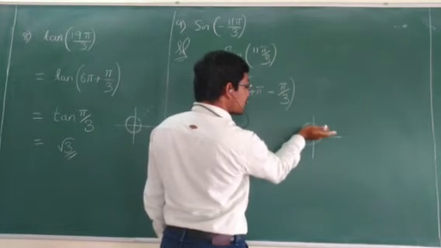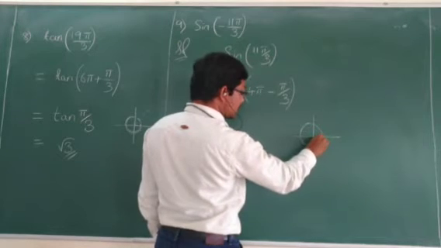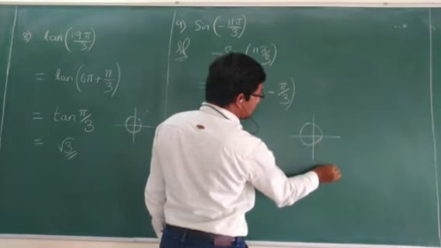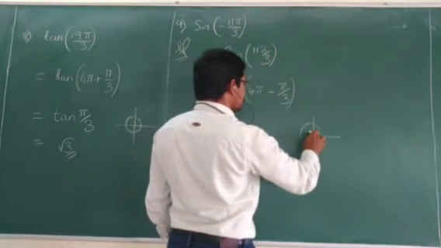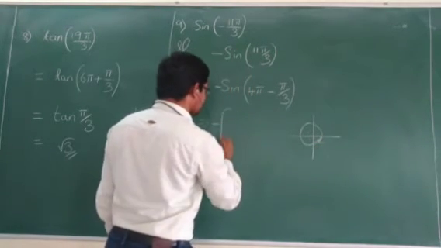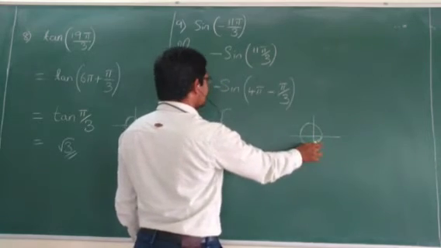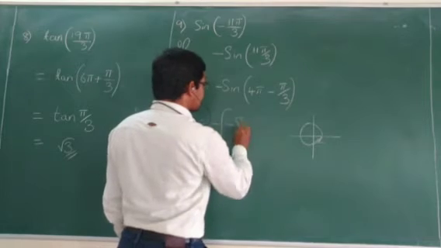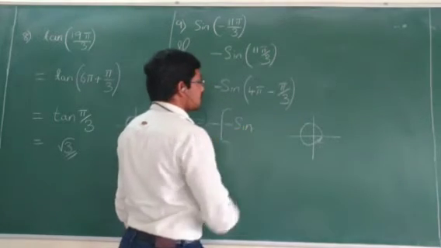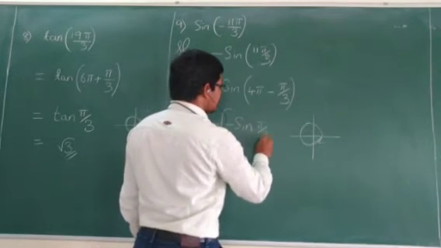If it is minus pi by 3, we will come in this direction. So, minus pi by 3 will be here. So, in which quadrant we are getting? We are getting the value in fourth quadrant. In fourth quadrant, sign is negative. So, we take minus sin pi by 3.